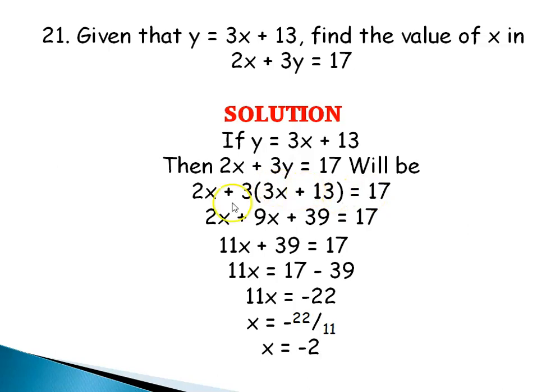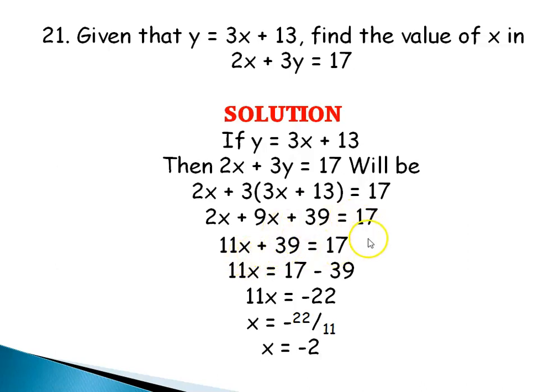Then let's open this bracket. 2x plus 3 times 3x is 9x, 3 times 13 is 39, is equal to 17. 2x plus 9x is 11x plus 39 is equal to 17.